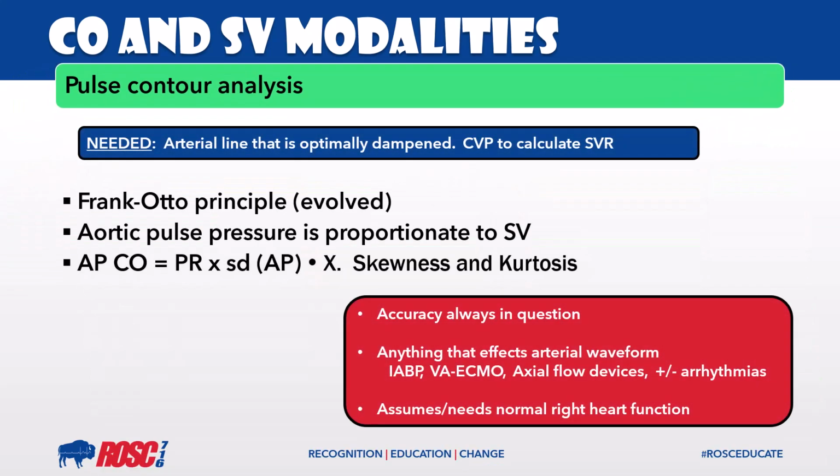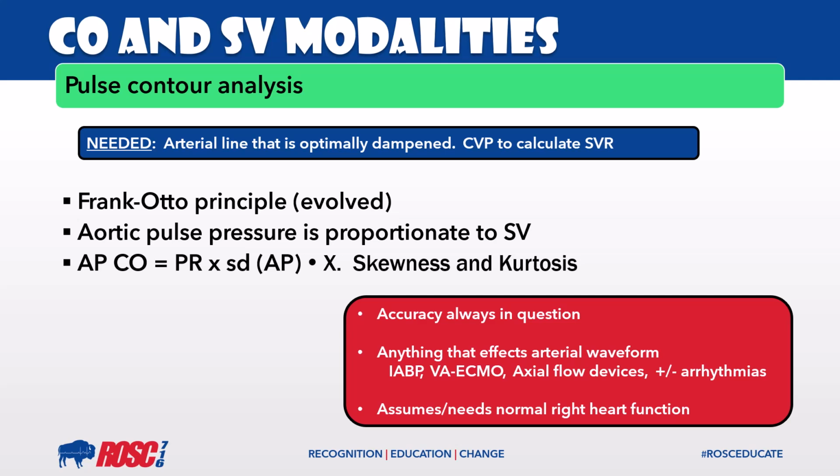A more familiar modality is pulse contour analysis, which is a minimally invasive cardiac output and stroke volume modality. You need an arterial line that's optimally dampened, and if you want to calculate SVR, having a CVP or right atrial pressure is needed. There's two types of pulse contour analysis equipment: calibrated versus non-calibrated.